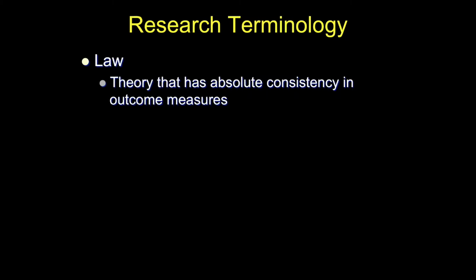Whereas a law is a little bit different in that, unlike theory, it has absolute consistency in the outcome measures. So you know exactly what's going to happen to a particular variable if you give a treatment or manipulate a particular variable in a certain way.